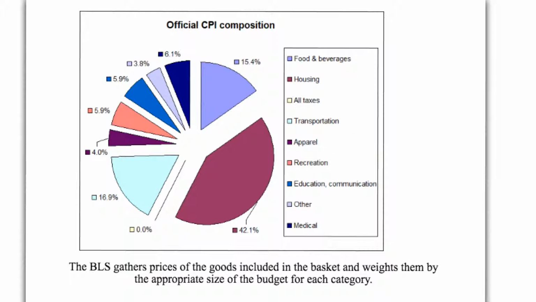So that gives you some understanding of how the CPI works. CPI is an index of the cost through time of a market basket of goods. This is our market basket of goods that is determined to be purchased by a typical household.